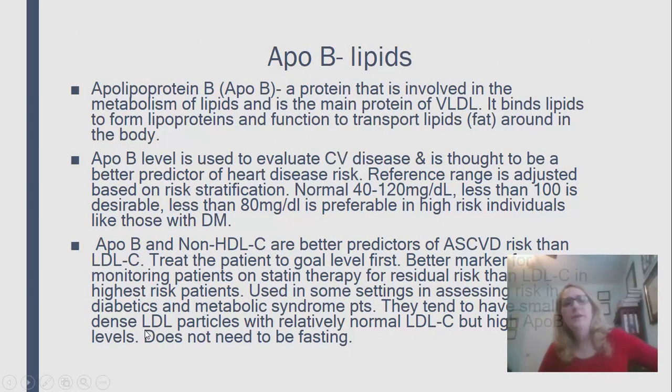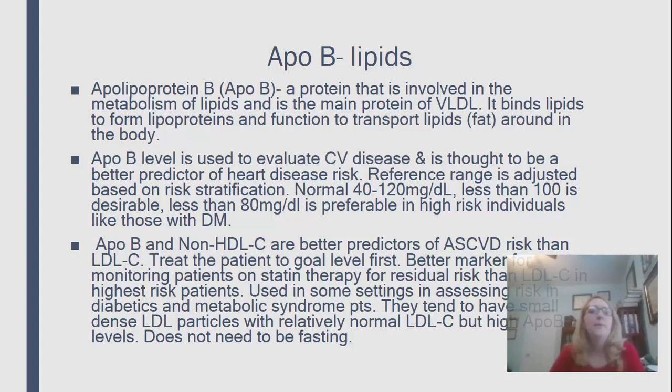I put this slide in here, the ApoB, the apolipoprotein B, just so you would be aware of it, because you might see this in a cardiology practice or a lipid practice. You won't see it as much in regular primary care, maybe in internal medicine if you've got a lot more high-risk patients, and depending upon what the insurance will pay for.